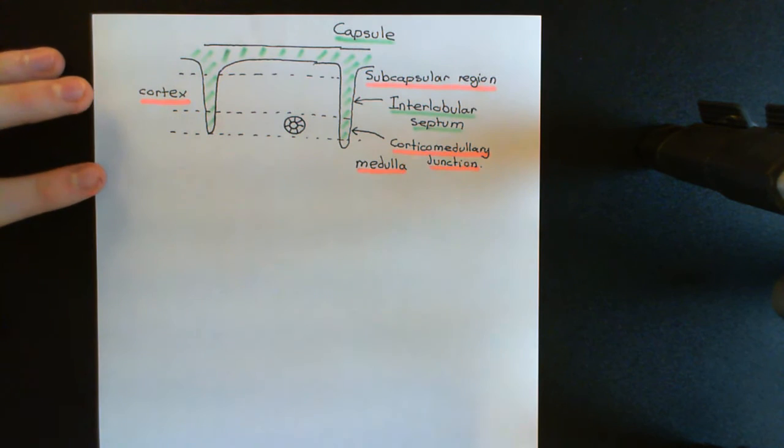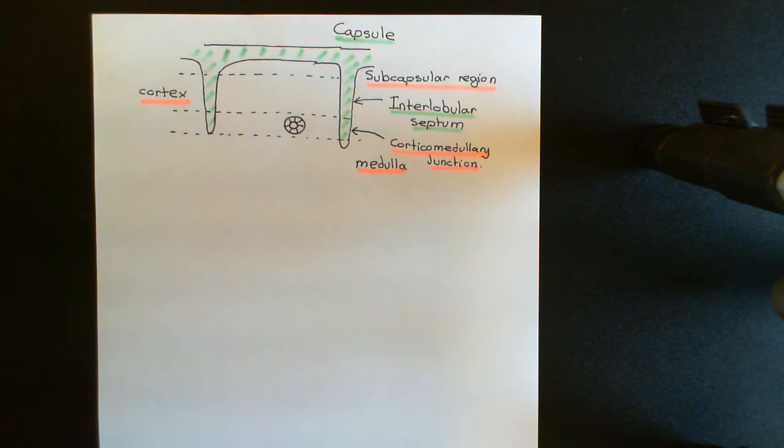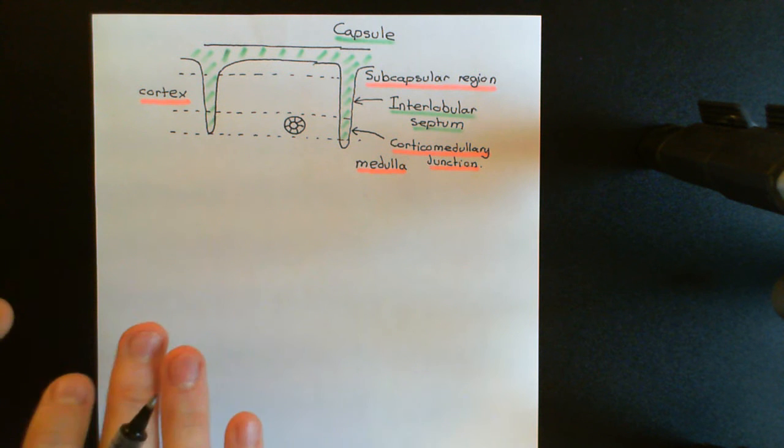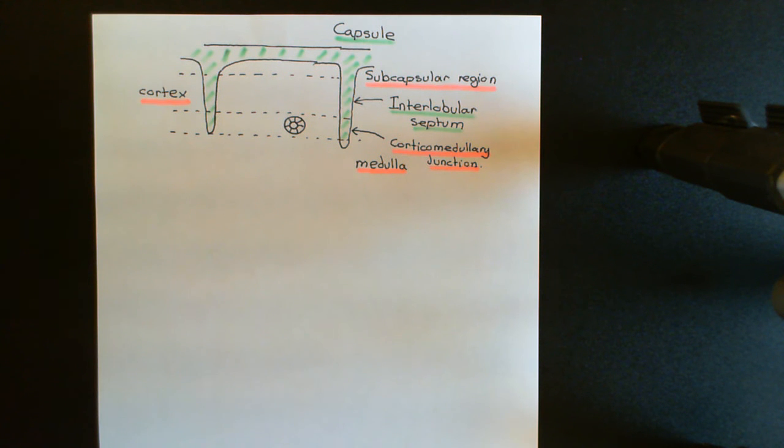They're usually squamous. They're not usually cuboidal in shape. In these special high endothelial venules, which we find in the corticomedullary junction of the thymus gland and also in the lymph nodes, as we'll see later on, the endothelial cells are much, much taller.